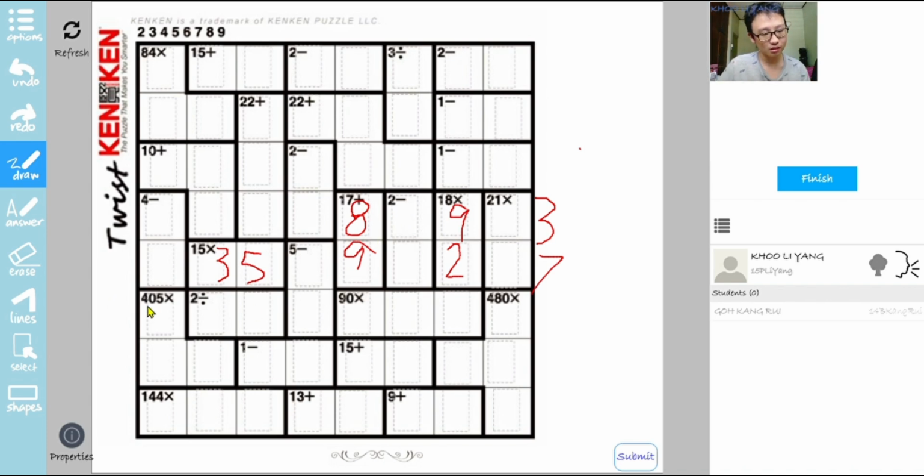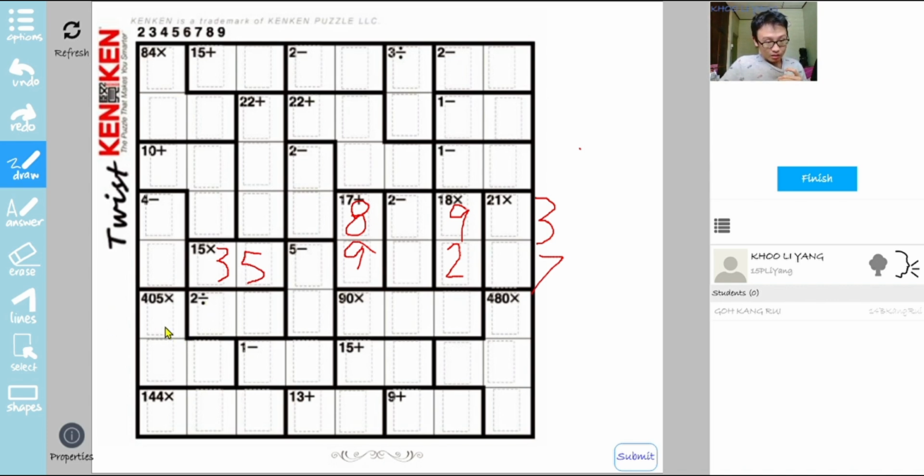Okay, so look at this box, 405 times box. This box must contain a 5, and 405 divided by 5 is 81. The only possibility is 9 times 9 is 81.